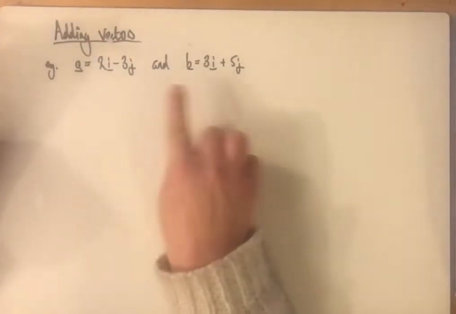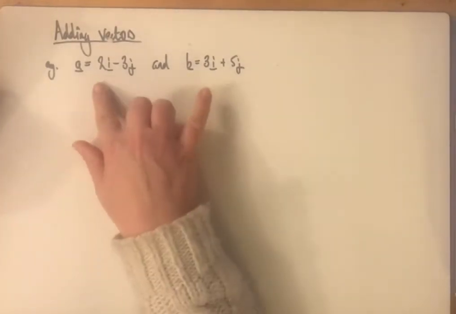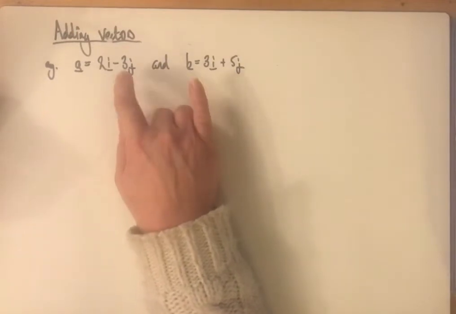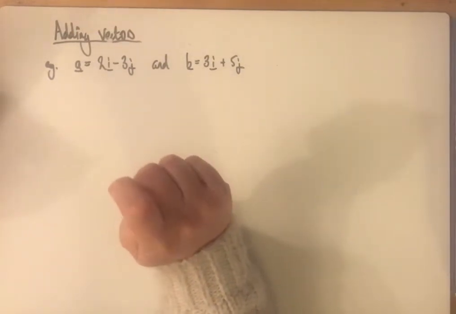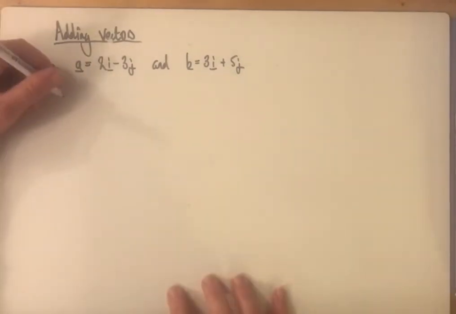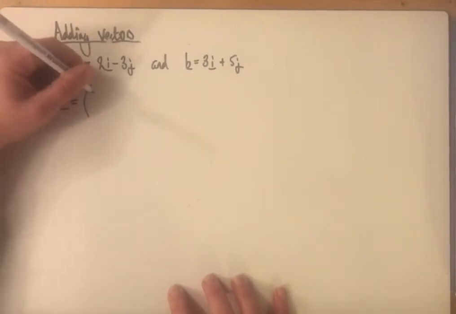You can keep them in this form if you want to, and you could just add your coefficients of i, add your coefficients of j. I tend to like working in column vectors, and I tend to teach just to convert to column vectors, but I leave that up to you a little bit. You can play around with that.